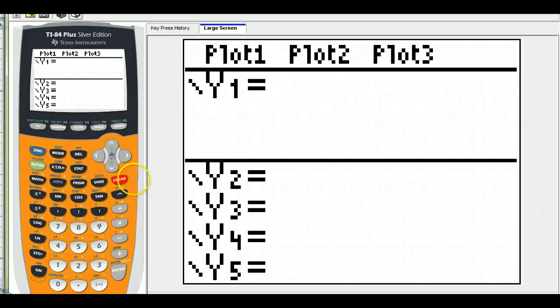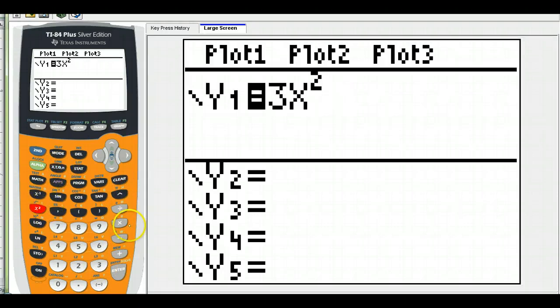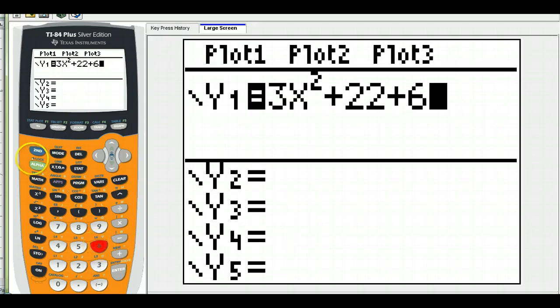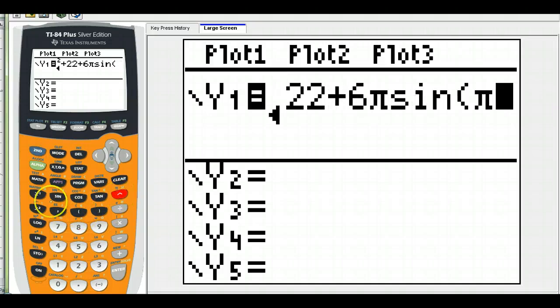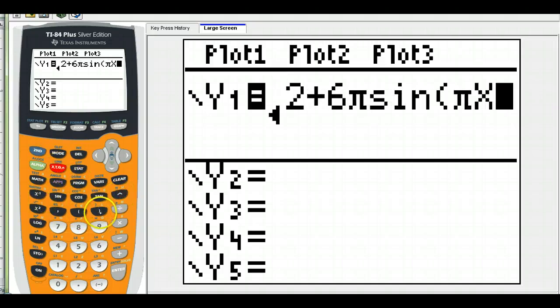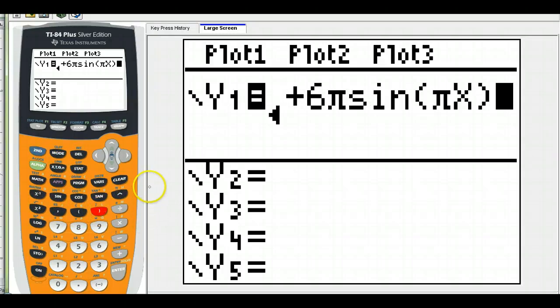So I said 3x squared plus 22 plus 6 pi sine of pi x right here.